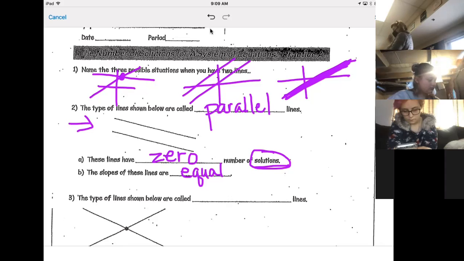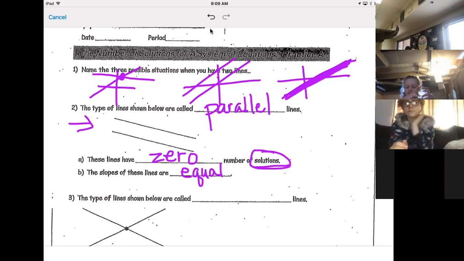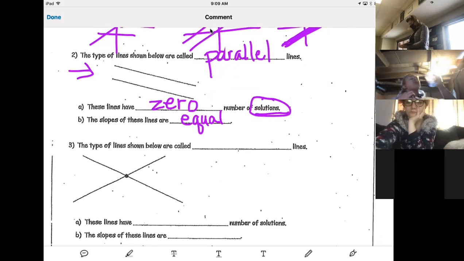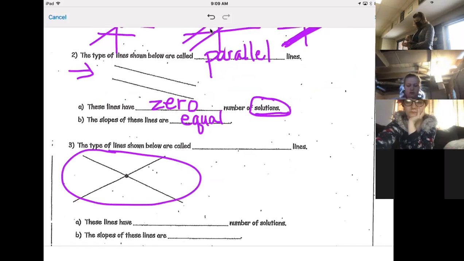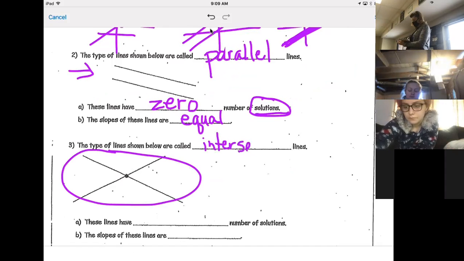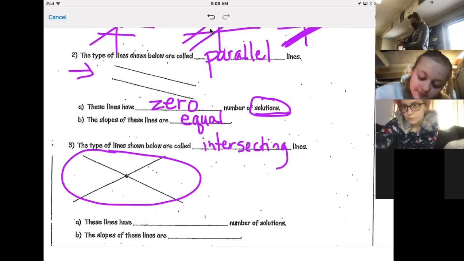All right, now the type of lines that are shown down here, what kind of lines are they? Intersecting. So how many solutions do they have?